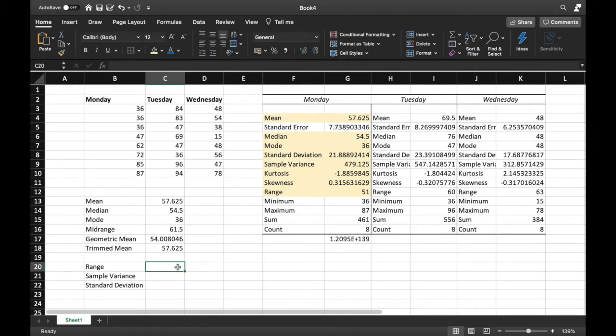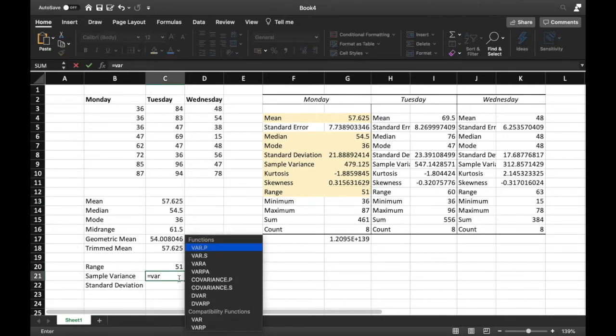Now for range, since this is fairly easy, you don't need to use MS Excel anymore. You just need to subtract 36 from 87. So we have 87 minus 36, and that is our range, 51, which is equal to what we have earlier from descriptive statistics. And as for sample variance, we have the functions VAR.P and VAR.S.